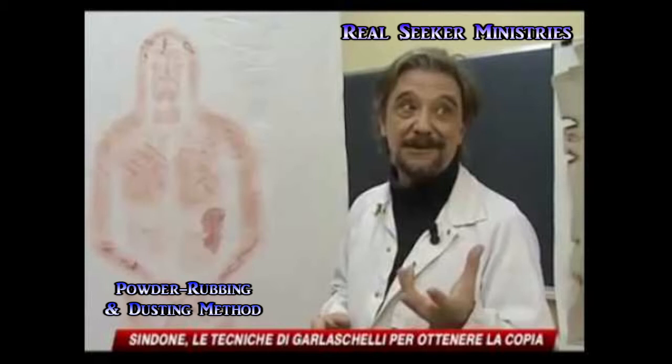Also, another interesting problem here is that in terms of the body image, remember the body images are not saturated. They're not as dark as they could be or as colored as they could be. Nickell's technique specifically has actually been tested by Shroud scientists in terms of the percentage of saturated pixels.